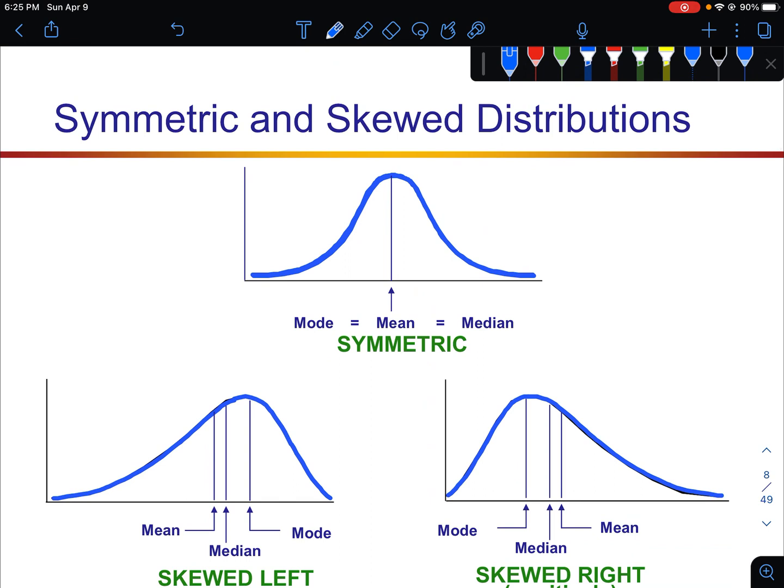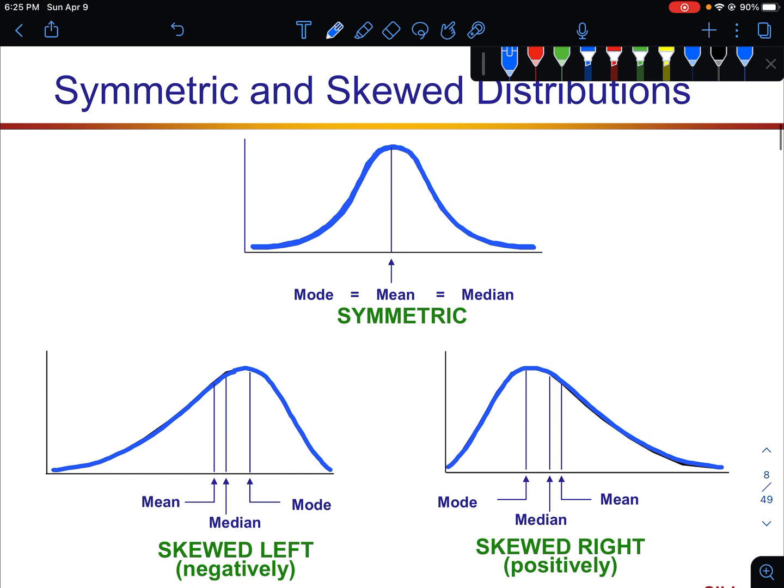So one thing about symmetric distributions and skewed ones is how does that relate back to the mean, median, and mode? When we have something that is symmetric, the mode, the mean, and the median are all going to be the same. We saw in our last unit when we talked about different problems where the mean was way off because of outliers.